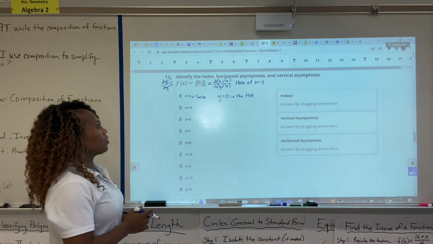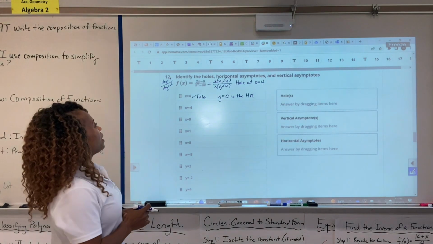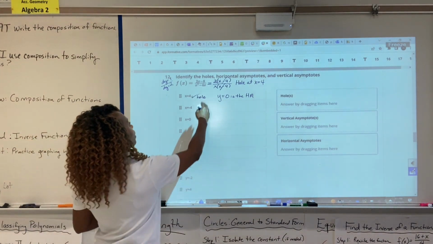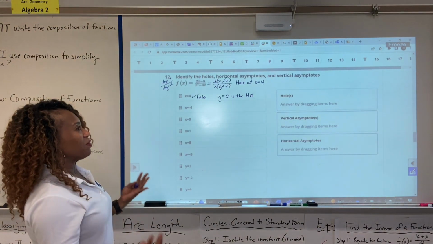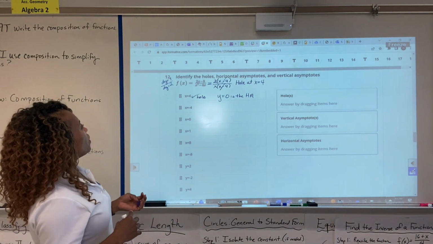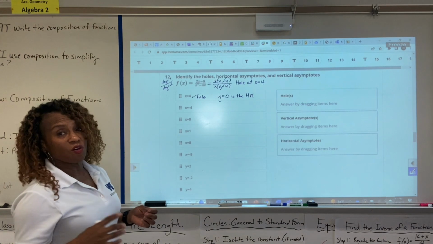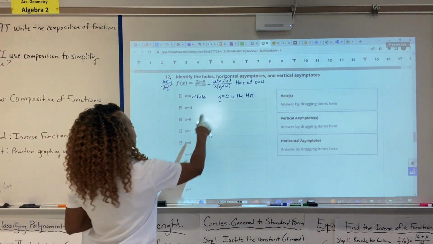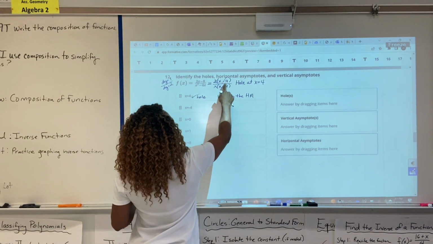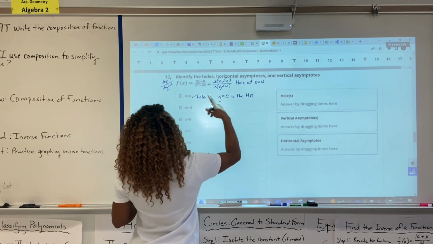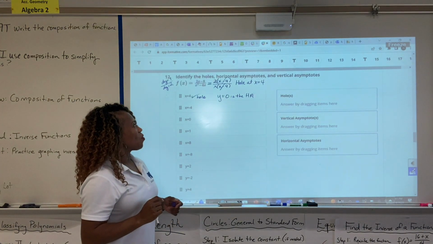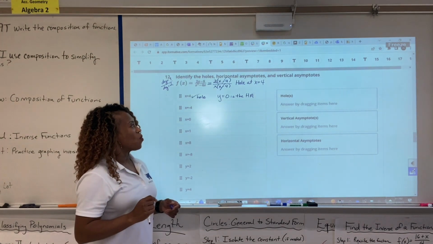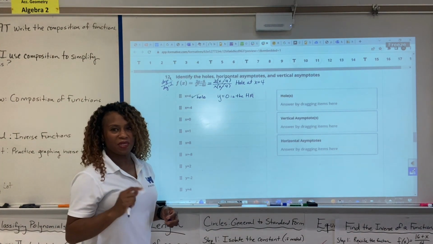Now for the vertical asymptote, this is the one where we have to actually do our simplifying and find out what we have here. For the vertical asymptote, we're going to just solve for x. Okay, let me stop here and go back.